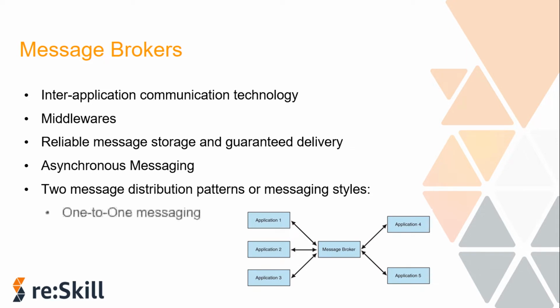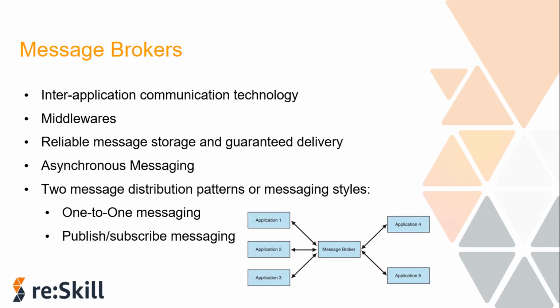First is one-to-one messaging, in a queue, where the message awaits delivery to a single consumer. Next is the topic in publish-subscribe messaging, in which a message is sent to a topic, and the message is immediately sent to the subscribers of that topic.